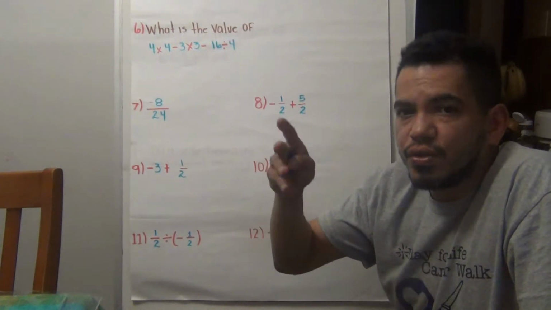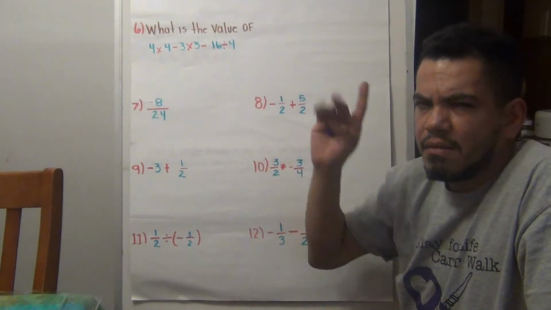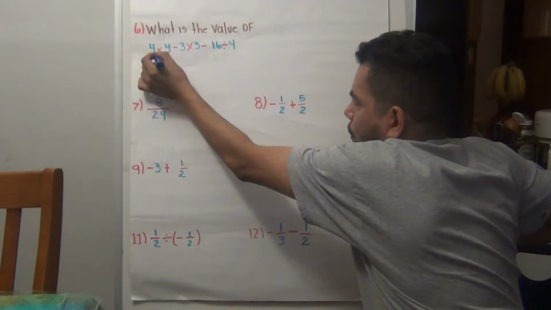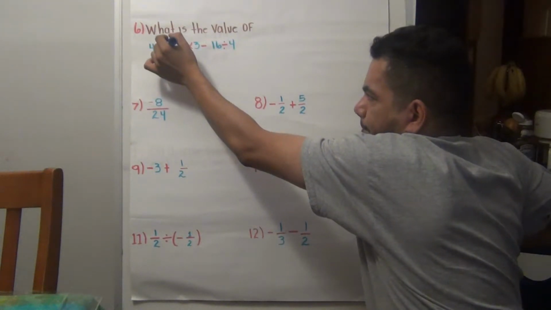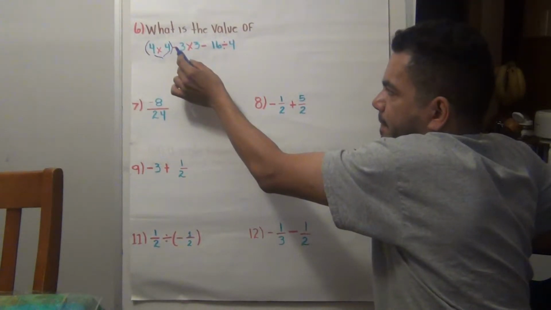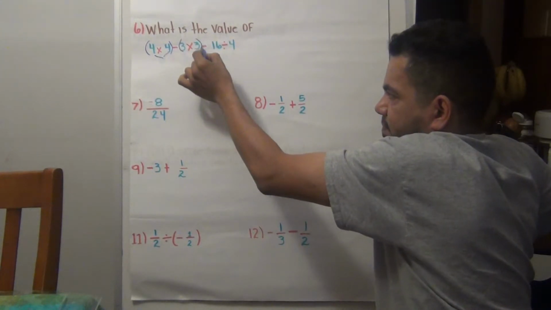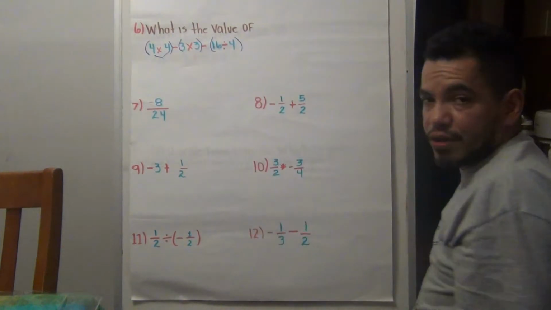No, you could do whichever, as long as you go from left to right. So let's see how it goes. There is a multiplication here, right? It's like if you have parentheses, okay? Then minus 3 times 3. See that? Minus 16 divided by 4. That's how you do it.